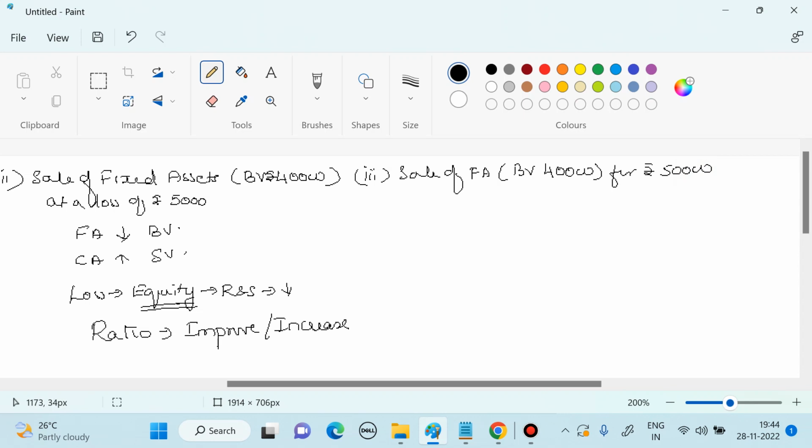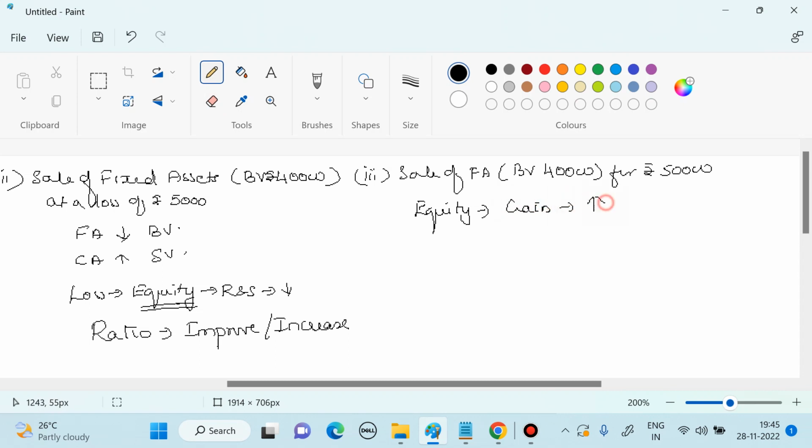The money coming in, current asset affected, doesn't affect our debt to equity ratio. What is affected is the equity to the extent of the gain or loss. In this case, 40,000 book value sold for 50,000. So you sold it at a gain.